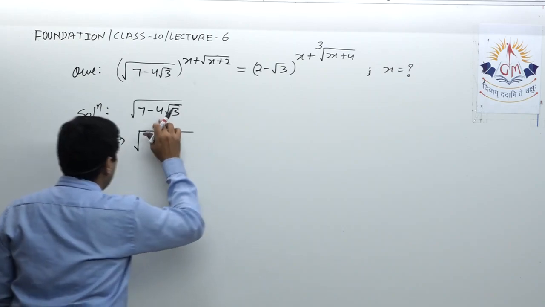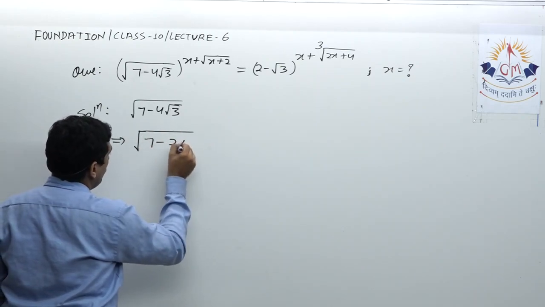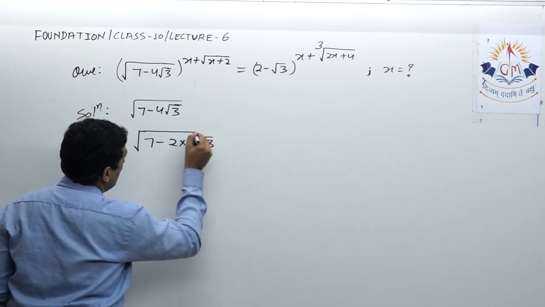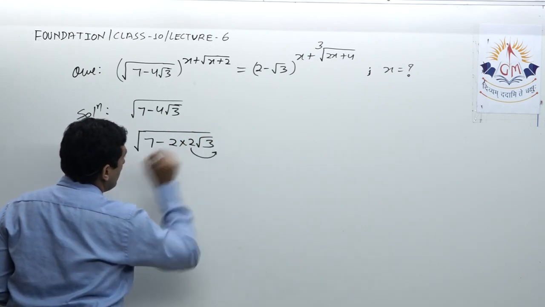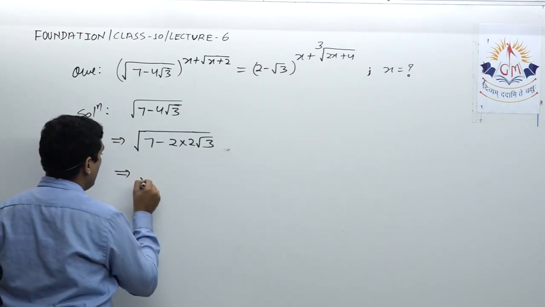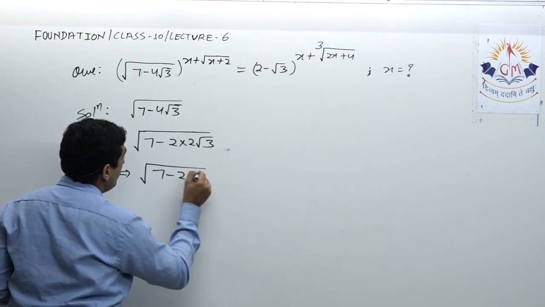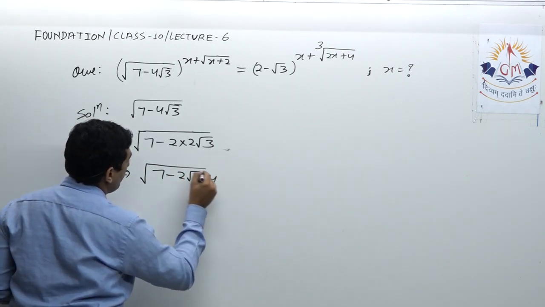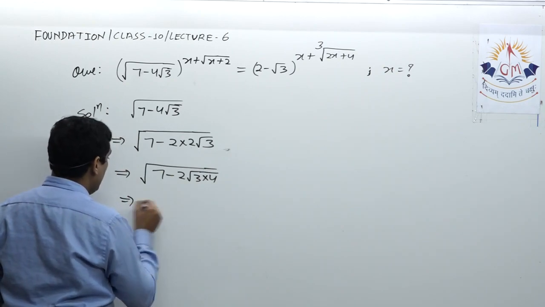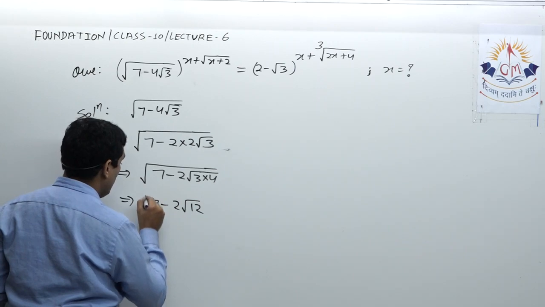So for that I need 2 over here: 7 minus 2 into 2 root 3. Now I have to take this 2 inside the root sign, so this will become 4. So here I can write 7 minus 2 root 3 into 4, that means 7 minus 2 root 12.